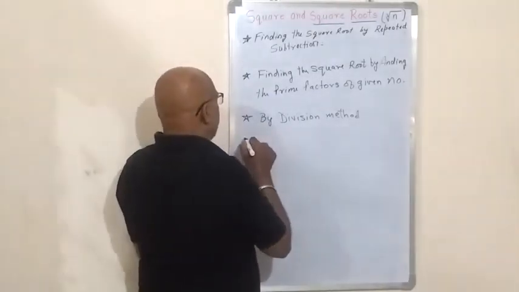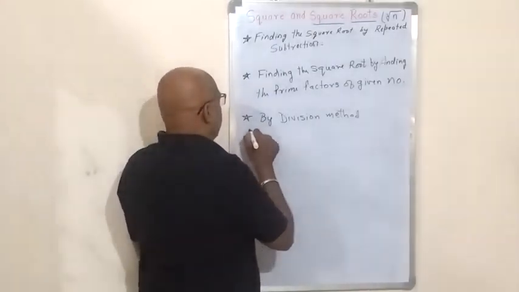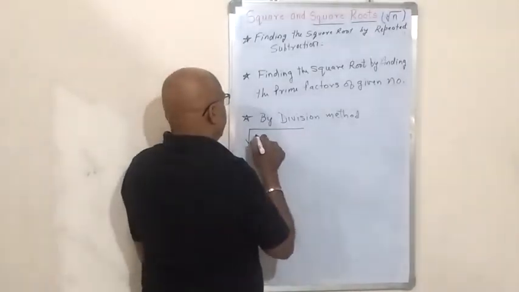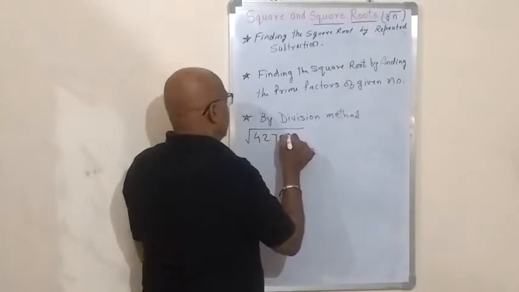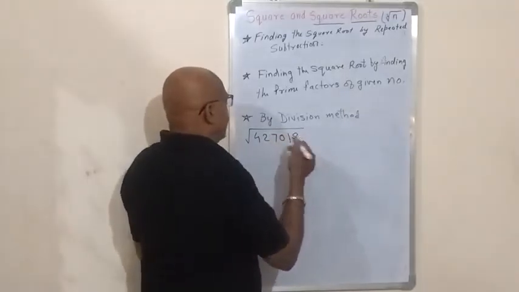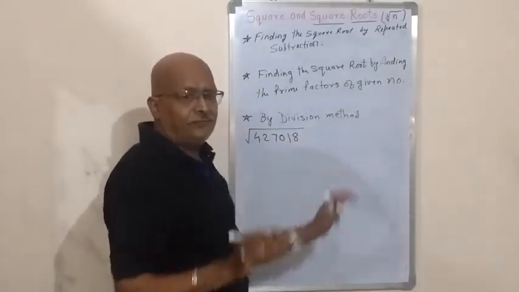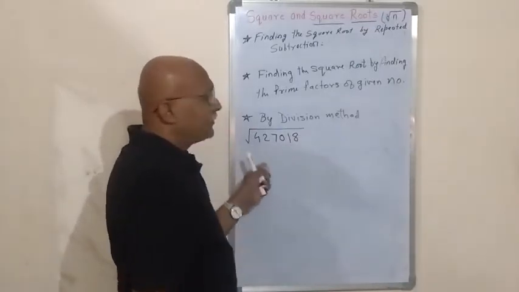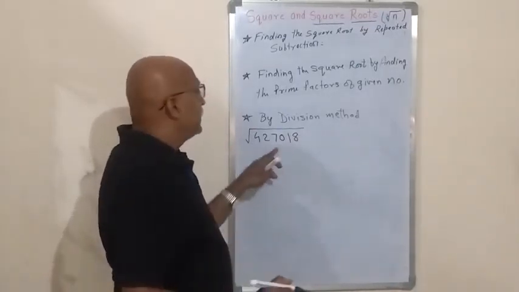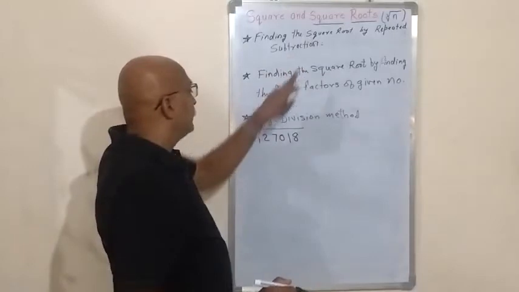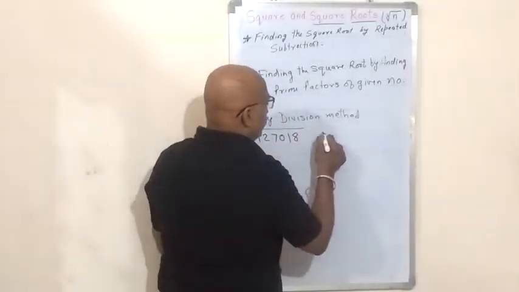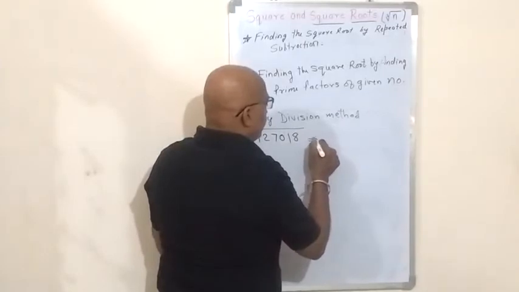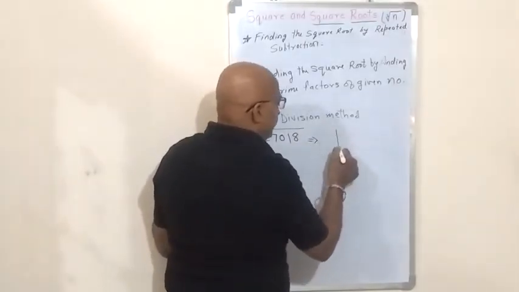Let us find the square root of 427018. Now I don't know, I have just written a number. I don't know whether it is a perfect square or not, but I am going to find the square root of this number. Now how to go? So for this the procedure will be the same.